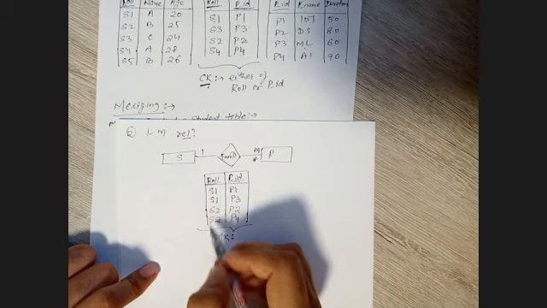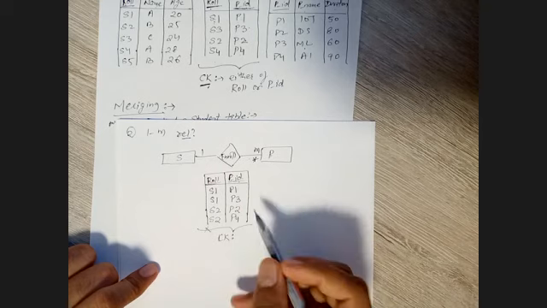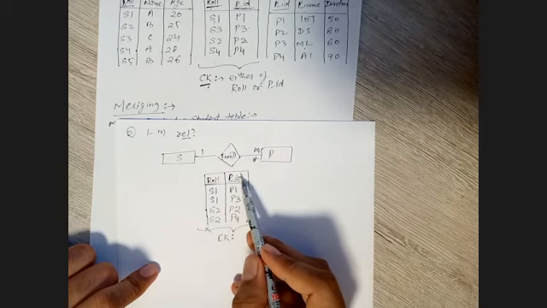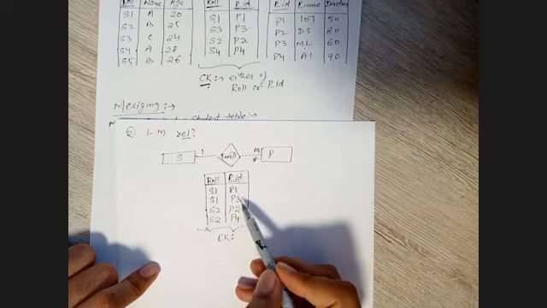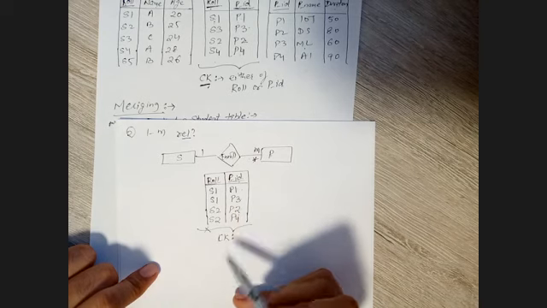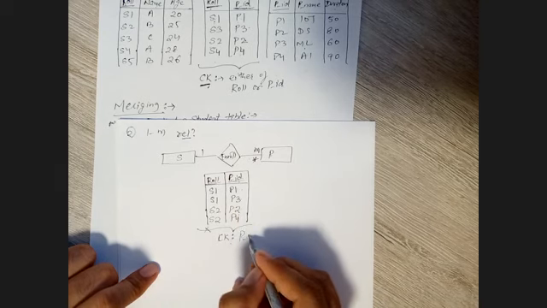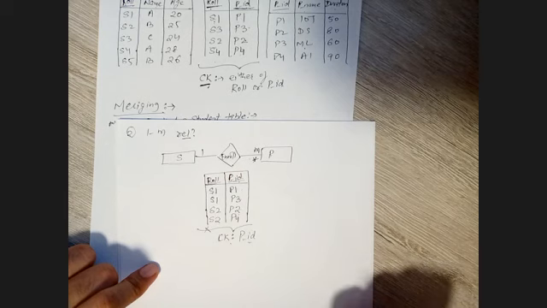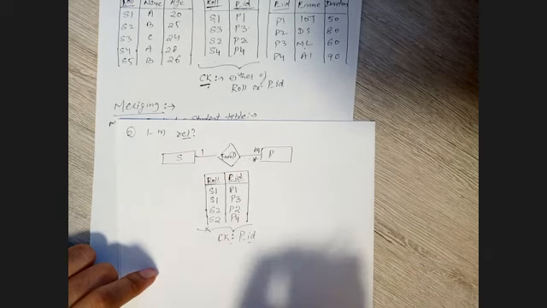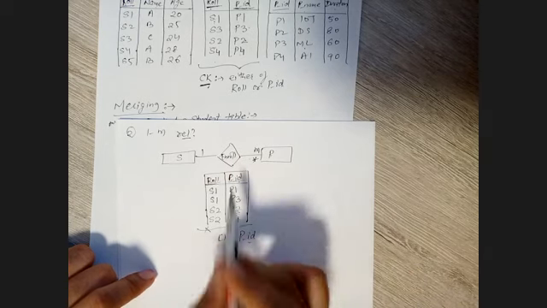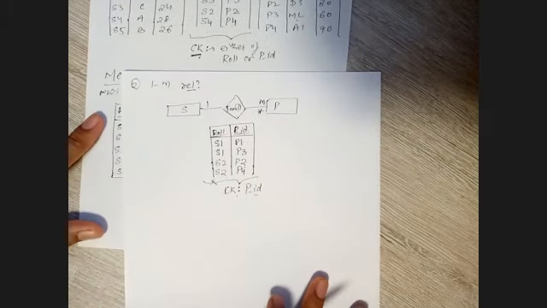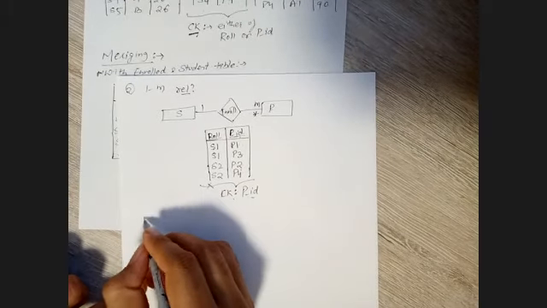Looking at the project ID, we can see there are no repeating values. So the candidate key is the PID attribute only. This is how we identify the candidate key here. Now coming to the next one, can we merge?